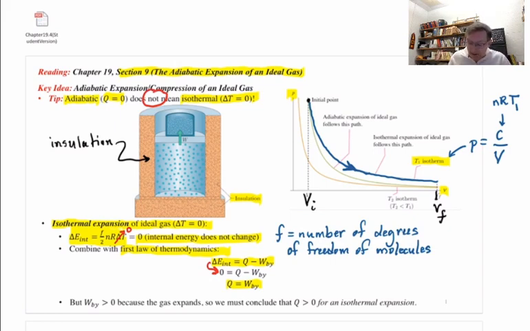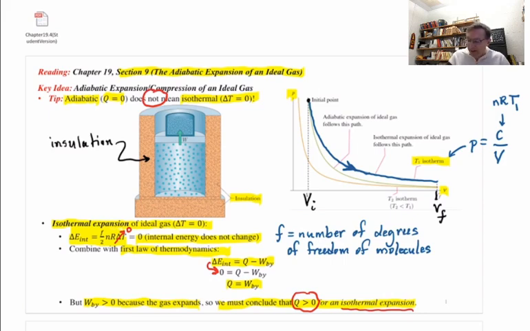Now, if we're talking about an isothermal expansion, the W by, of course, is greater than 0, because that's what happens in an expansion. So we must conclude that there has to be a Q greater than 0 for an isothermal expansion. Notice Q greater than 0, not adiabatic. Okay?